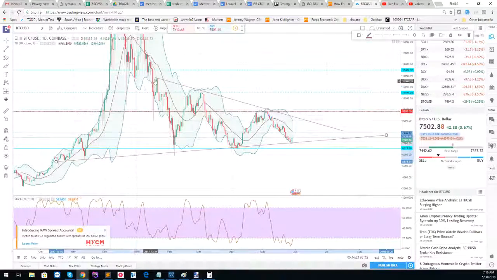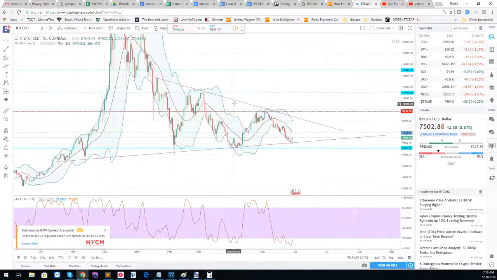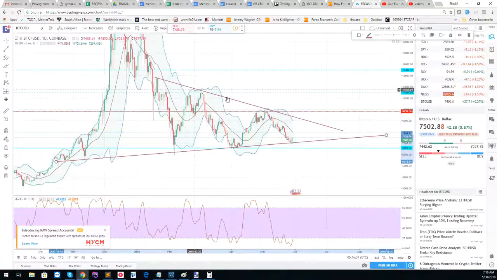To now draw yourself a, let's just make this lighter. So let's make these a little bit heavier so we can more easily see them. So there's another format in which we can draw a triangle. Now, what's the difference?